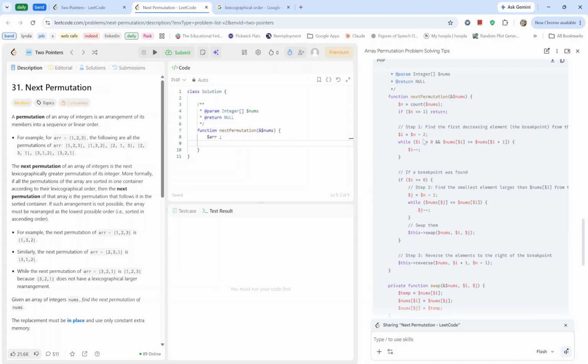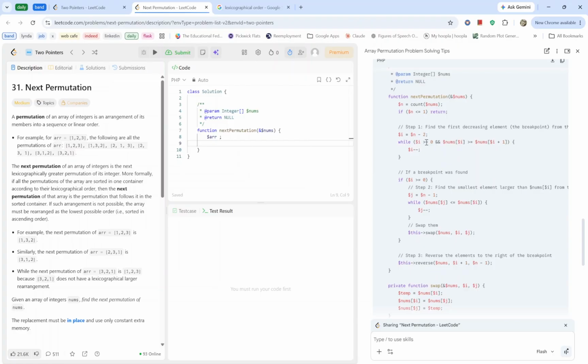So I was thinking of doing a small loop, but it's doing n minus two, i equals n minus two. So why would it be n minus two?